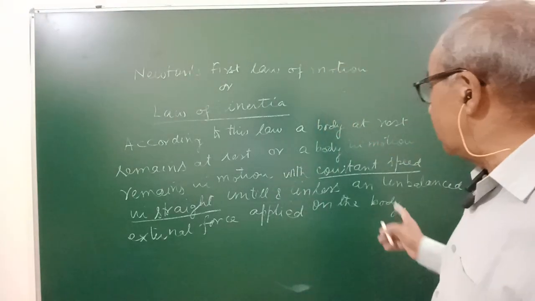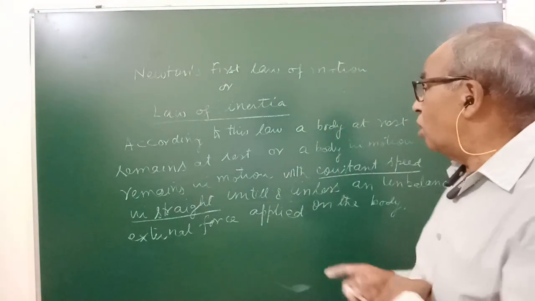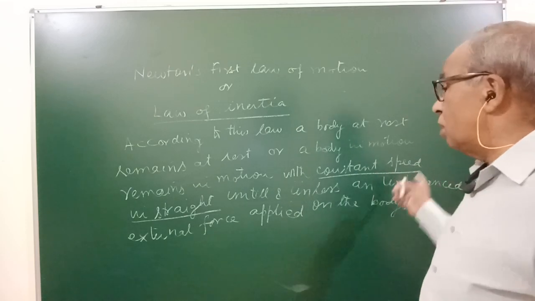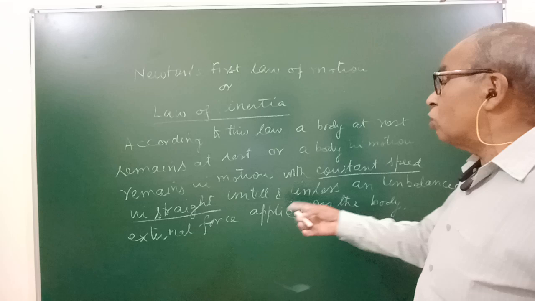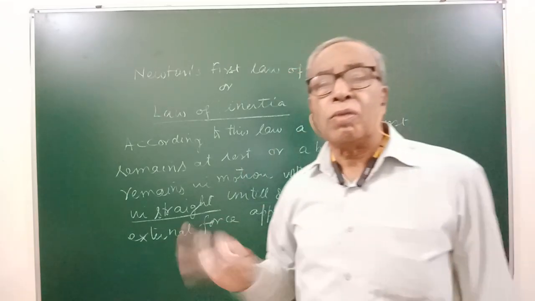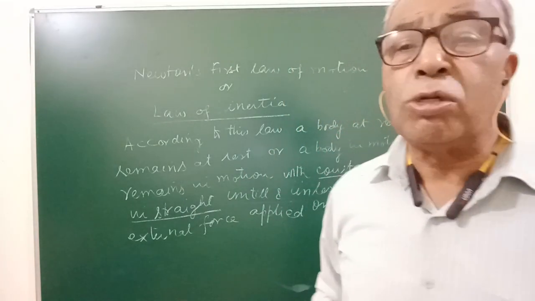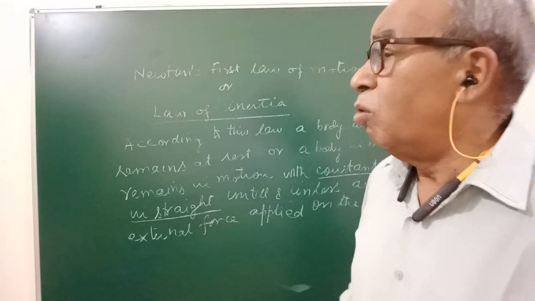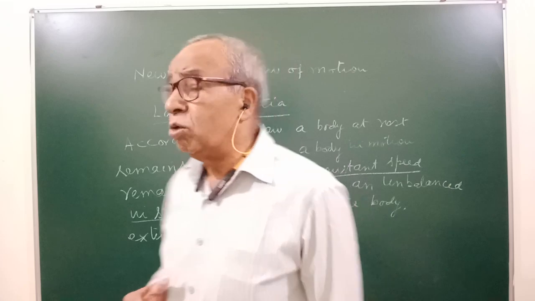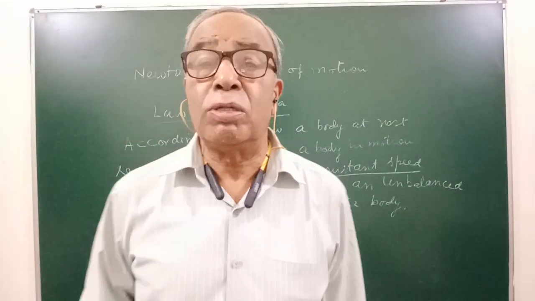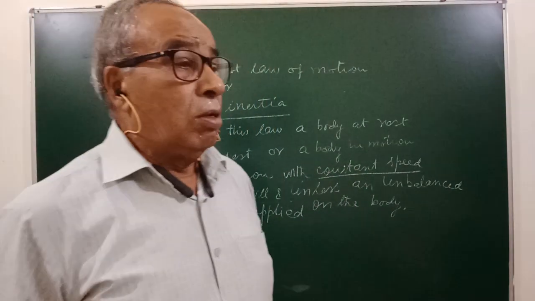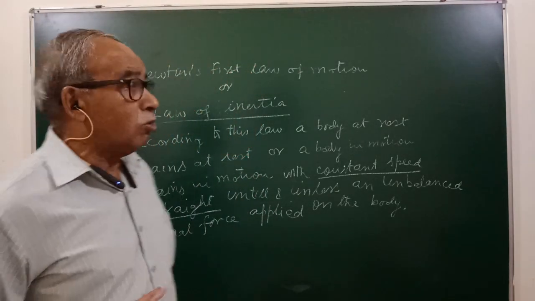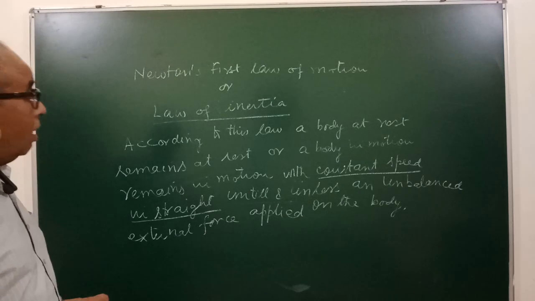According to this law, a body at rest remains at rest, or a body in motion remains in motion with constant velocity until and unless an unbalanced force is applied on it. If I say constant velocity, it means the body is not changing the magnitude and direction of velocity. So to change the magnitude and direction of velocity, we need force.